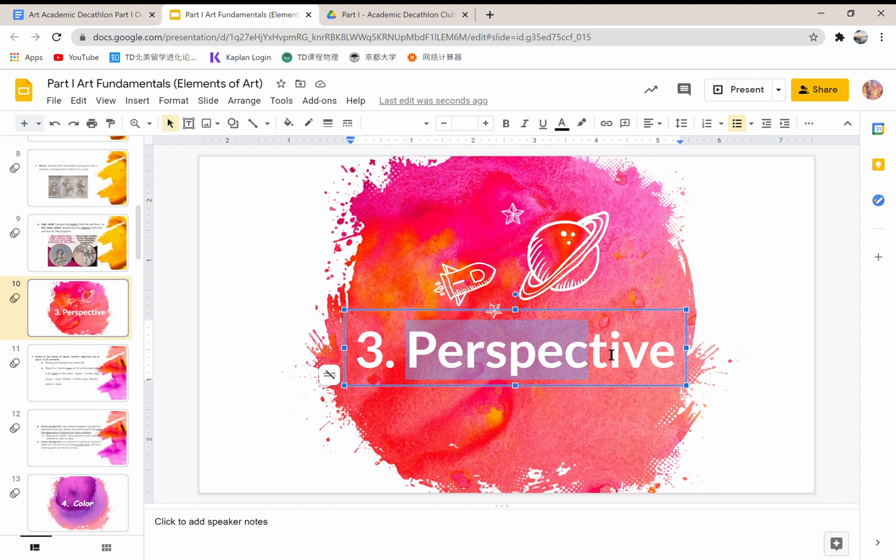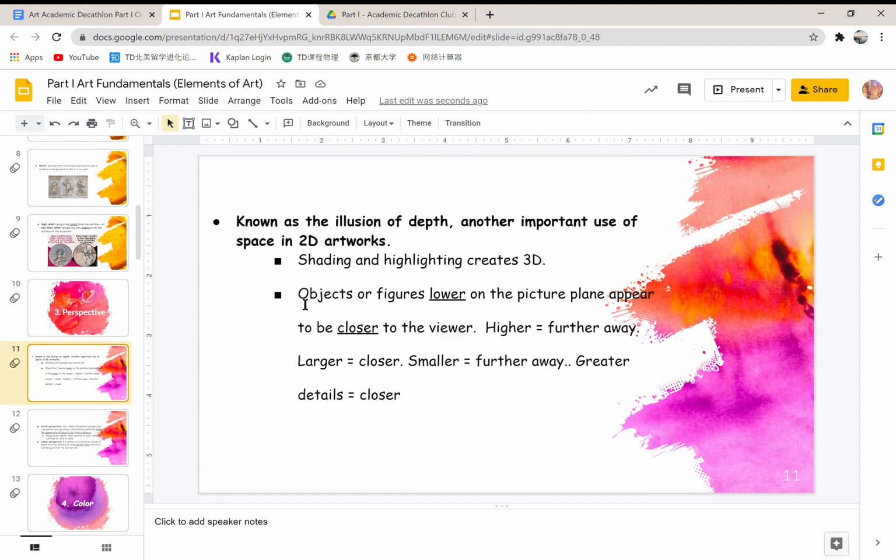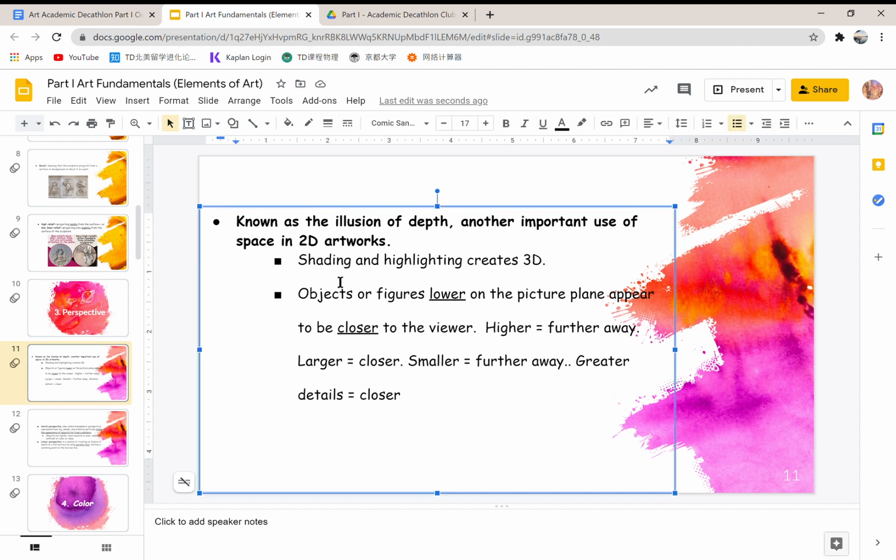And then here's the perspective. Perspective is known as the illusion of depth, another important use of space in 2D artworks. For perspective, we really want to focus on shading and highlighting because they create three-dimensional objects.